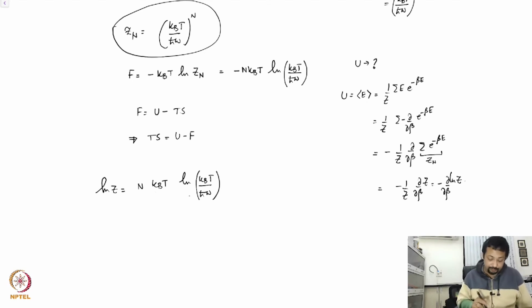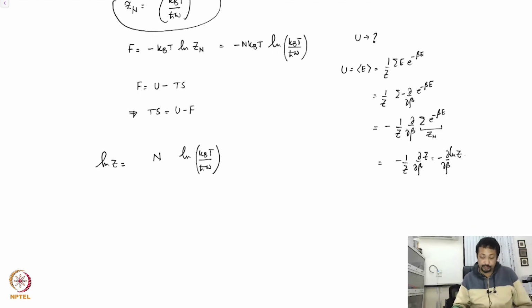No, there is no kBT factor, I'm sorry. It's just going to be n times ln of this, which, since I have a derivative with respect to beta, I'm going to write down as ln 1 over beta h bar omega, which is minus n ln beta h bar omega.